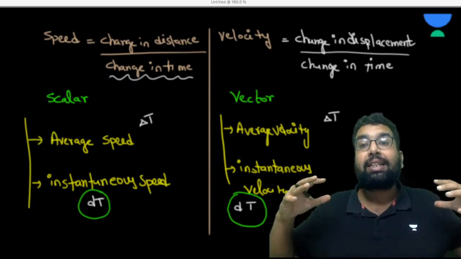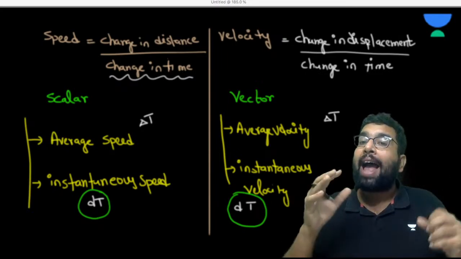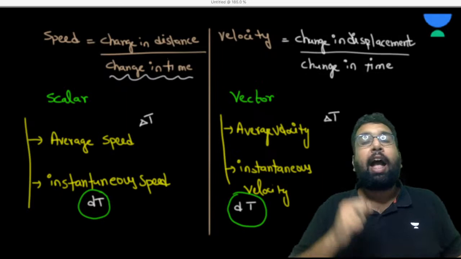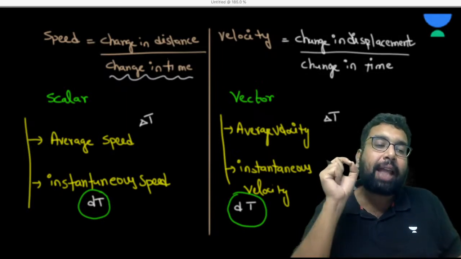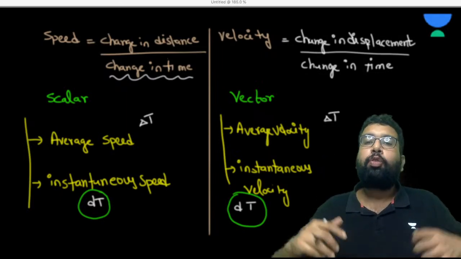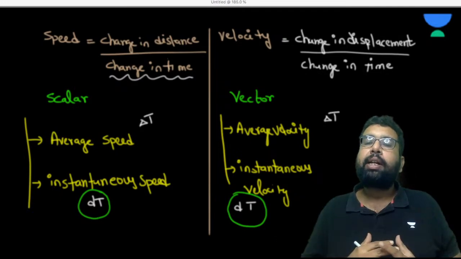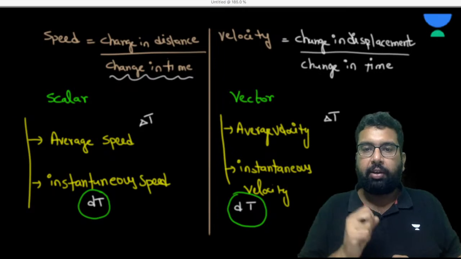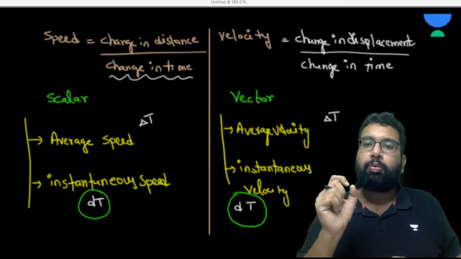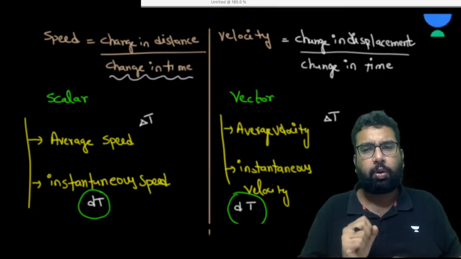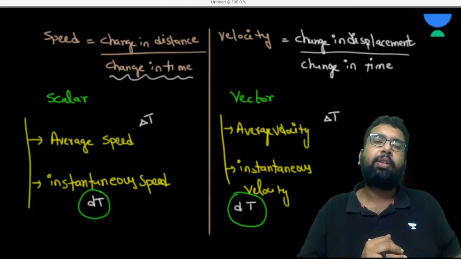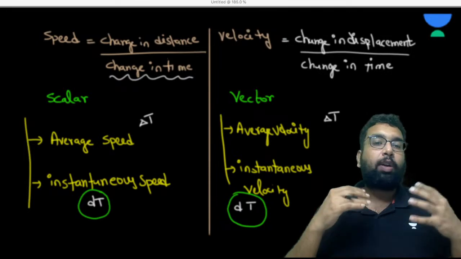But when I say instantaneous velocity, I am holding the time. We are seeing at some instant of time. When I say instantaneous speed and instantaneous velocity, we are reducing that difference of time to a very, very small quantity, and that difference of time is what we call dt.